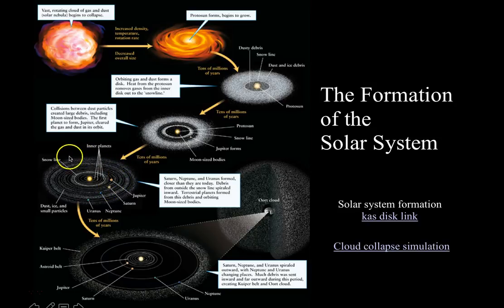And then because of the excess material out here, there were gravitational interactions between the planets and these objects, which caused Uranus and Neptune to move out, as well as Saturn and Jupiter to move in. Okay, and that's essentially what we have left. The motions of these particles ended up creating the Kuiper belt and the Oort cloud out here by those planets just spewing this material out. Okay, so let's pause here for a moment.